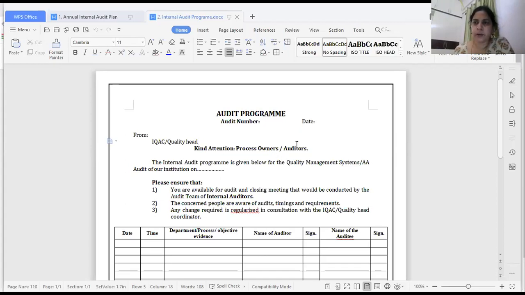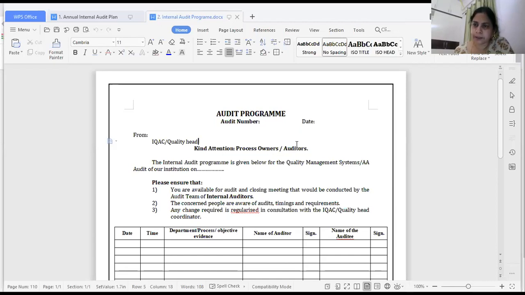And in coordination with the process owner of that month's audit, for example, I was talking about the admission audit, after the completion of the admission process, I should interact with the admin officer: can we take an audit because this month the admission audit is due.